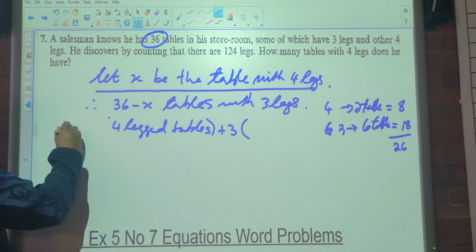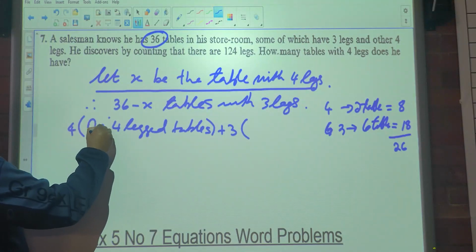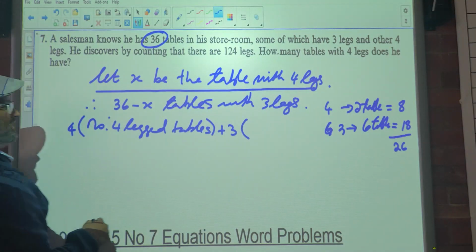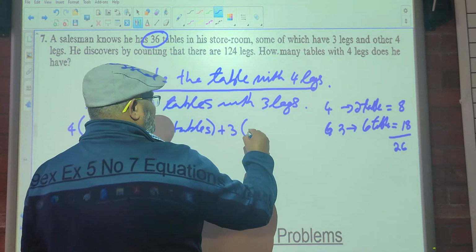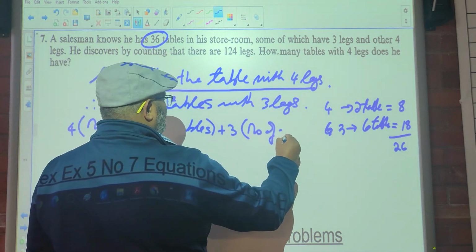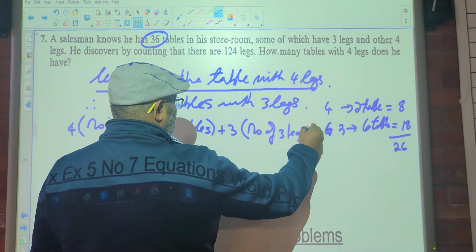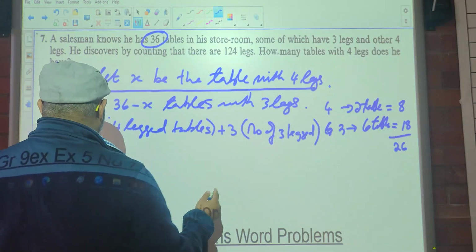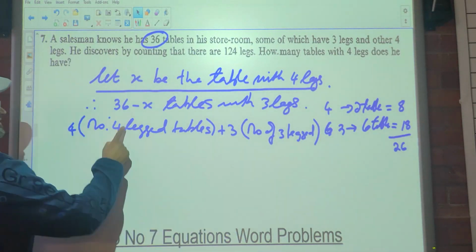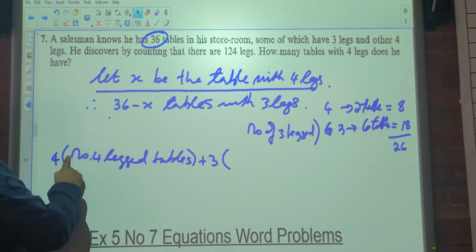That's what I'm showing here. 4 multiplied by the number of 4-legged tables plus 3 multiplied by the number of 3-legged tables. And that will be equal to the total. You all agree with that? You should agree with that.